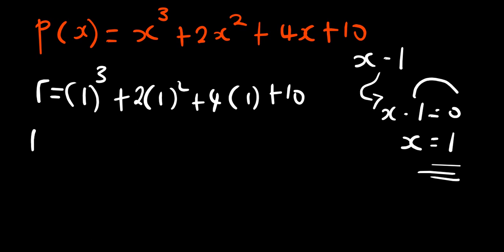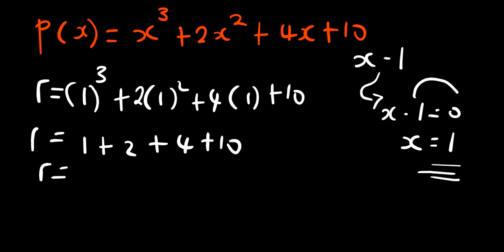So 1 to the power 3 is just 1, plus 2 multiplied by 1 squared, that is just 2, 4 multiplied by 1 is just 4, plus 10. So 1 plus 2 plus 4 is 7, and 7 plus 10 is 17. So this will be our remainder.